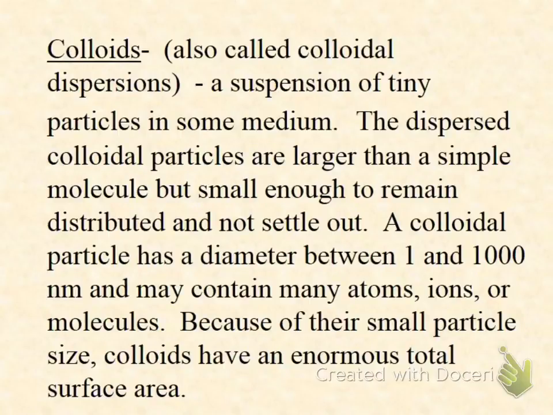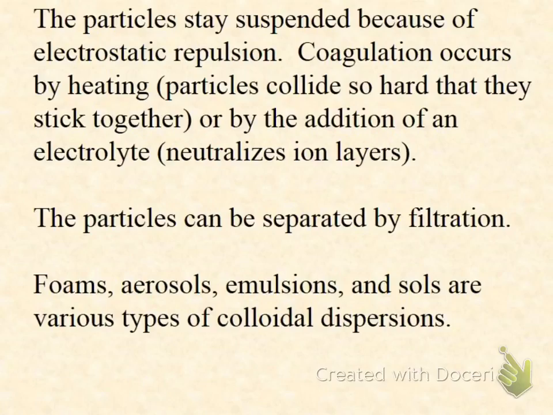We call the solvent-like part the dispersion phase, and the dispersed phase is going to be your particles. They're usually between 1 and 1,000 nanometers, and because of their small size, colloids have a very large surface area. The particles stay suspended because of the electrostatic repulsions.